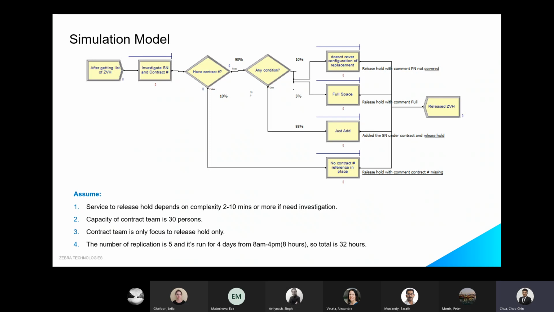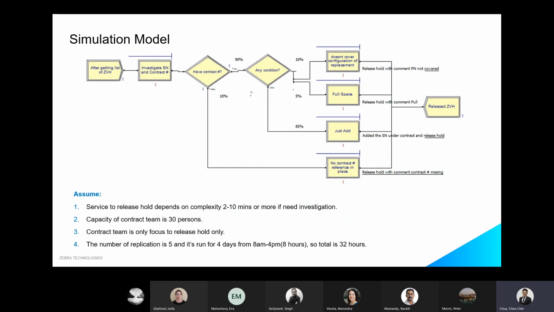It runs for 4 days from 8 a.m. to 4 p.m., so its total is 32 hours. One replication means it runs for 32 hours, two replications means 64 hours, and this model will be run for 5 replications.